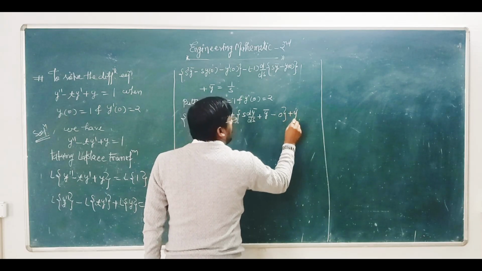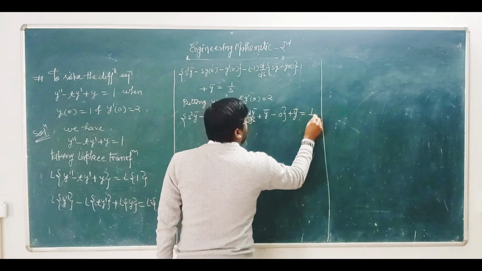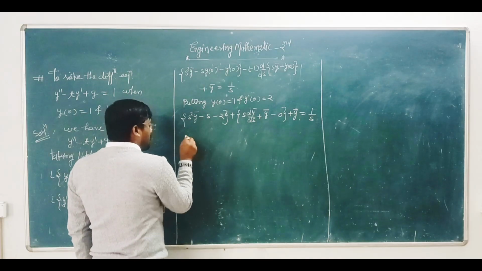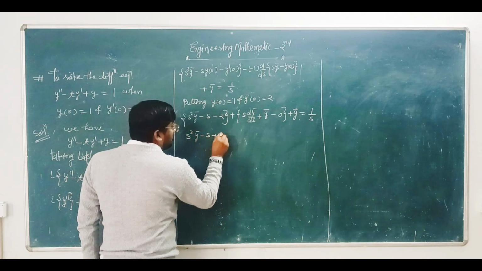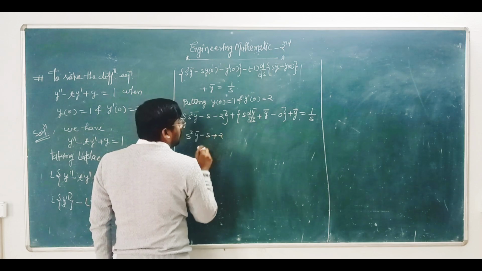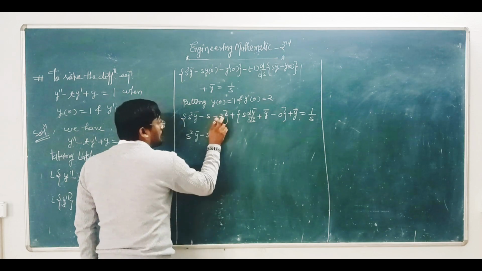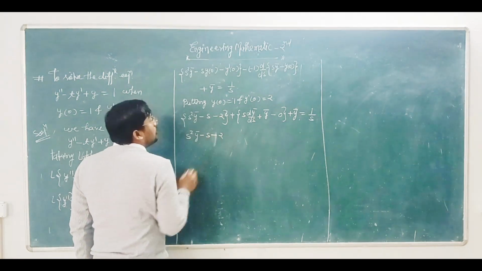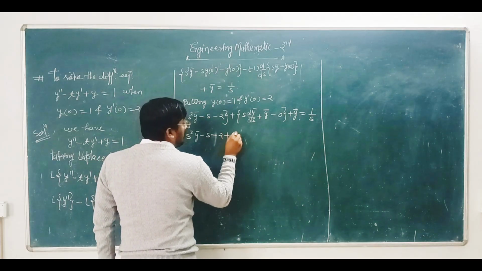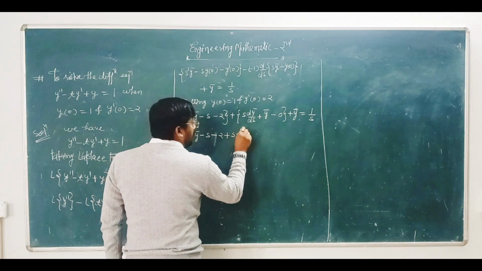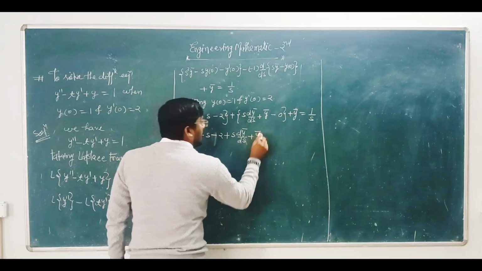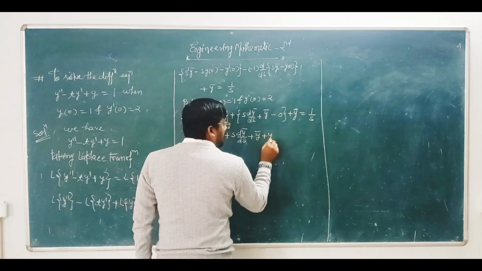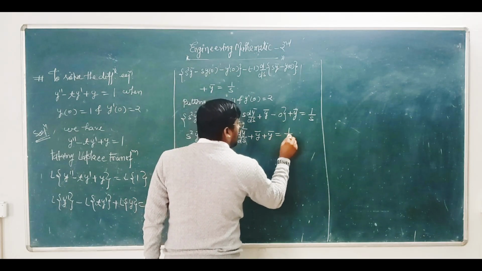Now plus y bar is equal to 1 by s. Now you can put it: s square y bar minus s minus 2 plus s dy bar upon ds plus y bar is equal to 1 by s.